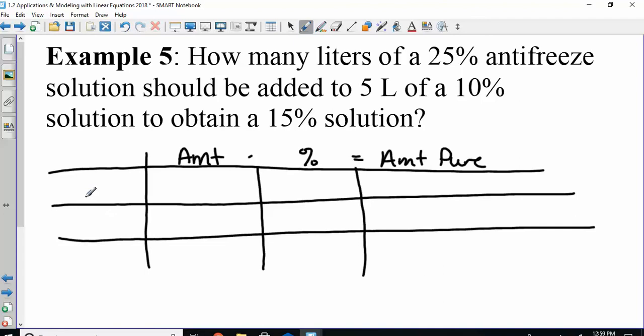Your labels for your rows, you can call them whatever you want. You can call it 25%, 10%, 15%. You can call it the first, the second, and the total. I don't care. Whatever makes sense to you.